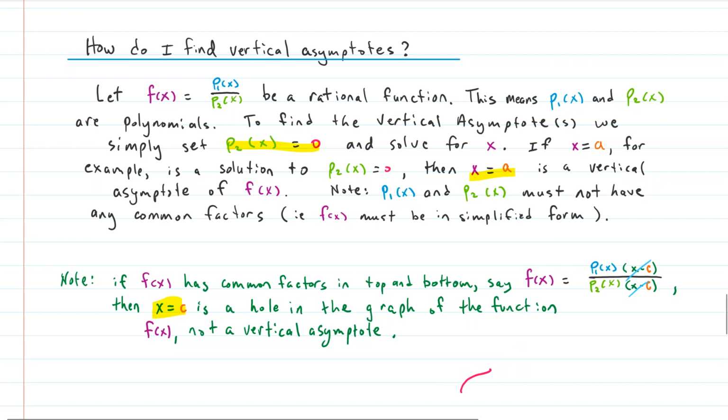So it comes up, there's a hole, and then it keeps going. So it's literally like someone just took a pinhole out of your curve, and that pinhole happens at the value x equals c, whatever the constant is in that common factor. Kind of cool, huh?